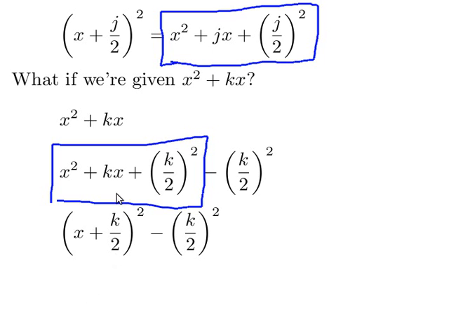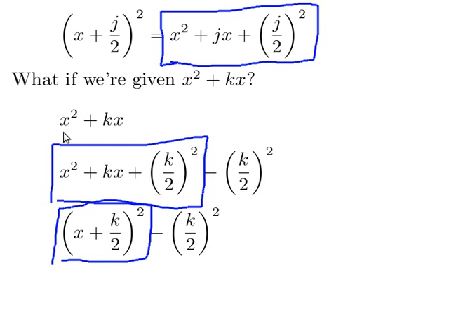All I did was, since this is equal to this, and we just replaced the j with k, I can replace this entire thing with this. And of course we still have the minus k over 2 squared. What we did here is complete the square.